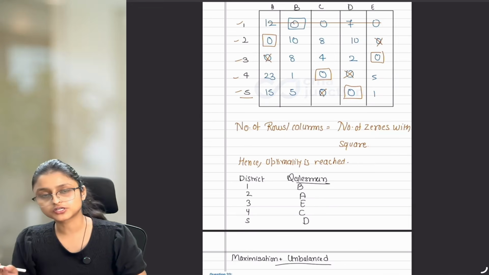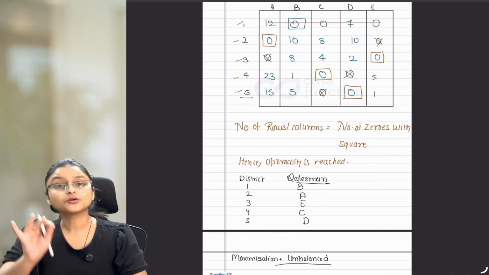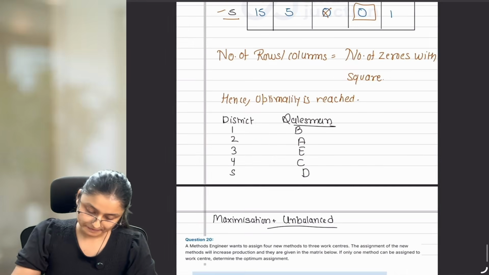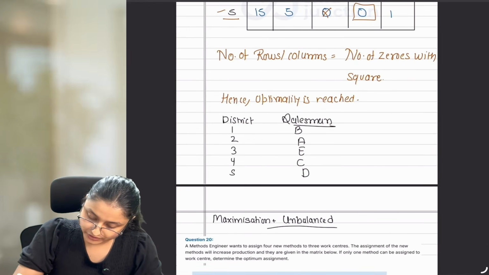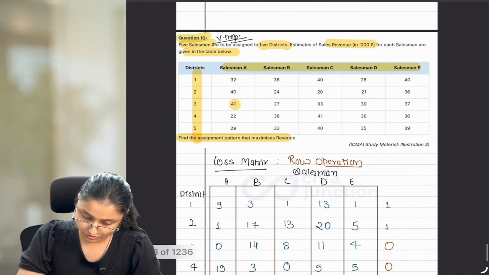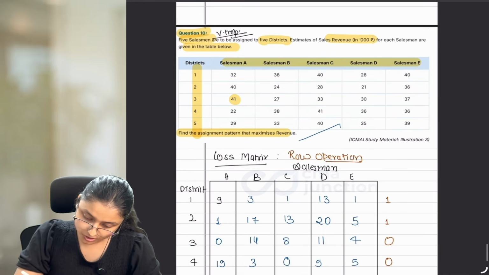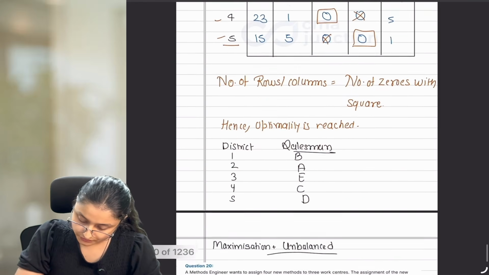We have solved a lot of questions about multiple optimal solutions. So I hope you have understood. Okay? Now, no need of solving again and again these multiple optimal solutions. We want maximum revenue here, and revenue is given to us in thousands.